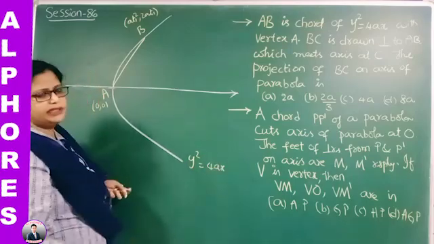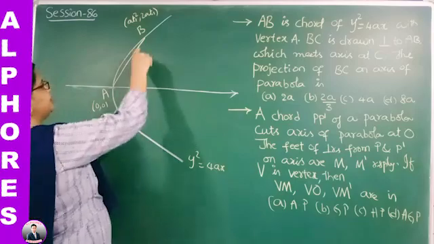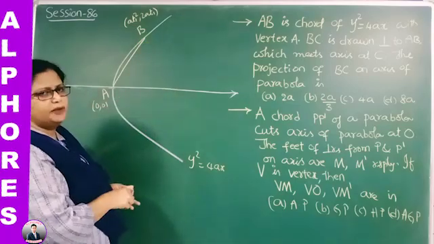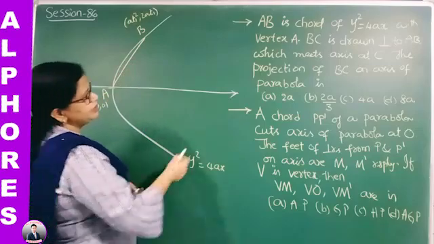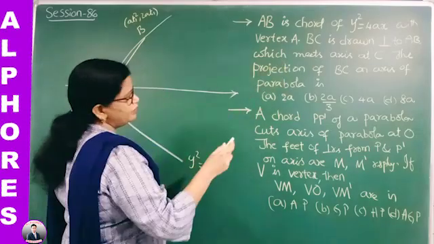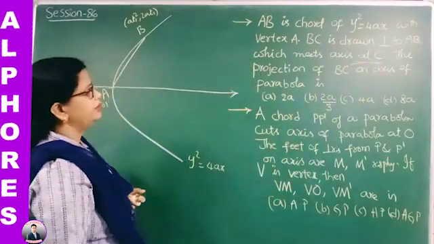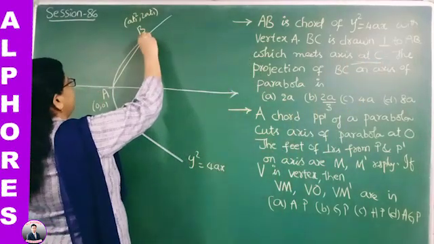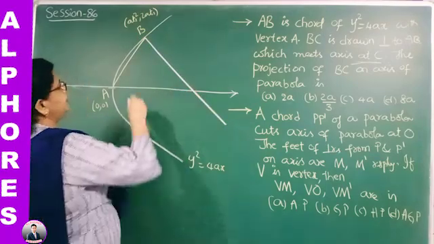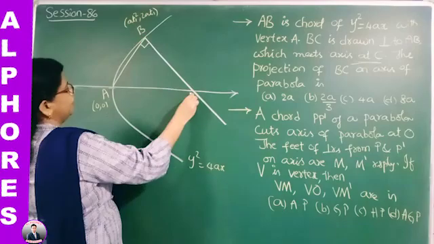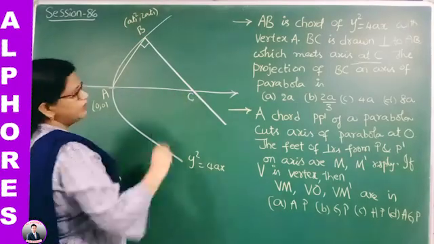Next, it is given that BC is drawn perpendicular to AB. So a line BC is drawn perpendicular to AB, meeting the axis at the point C. Therefore here it is a right angle, and this point C we don't know.